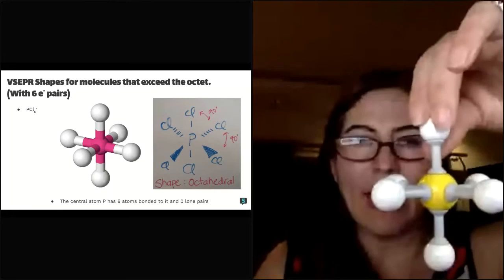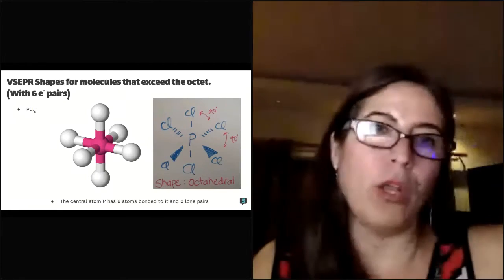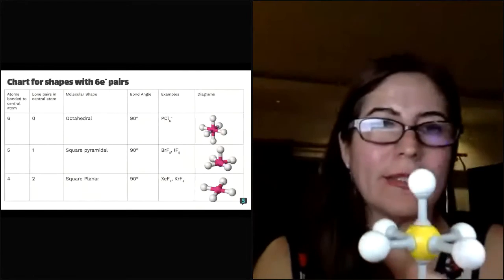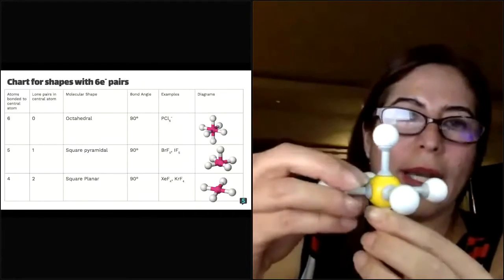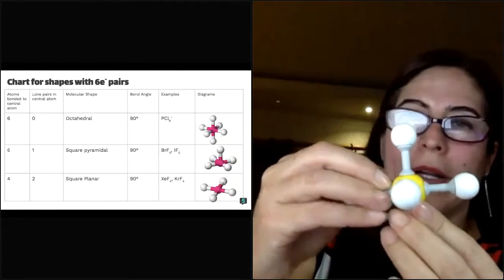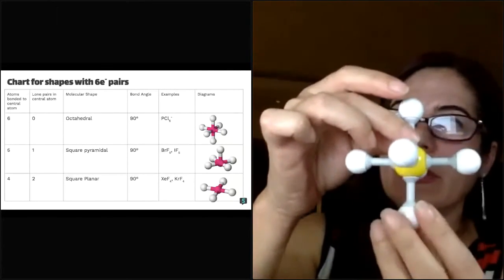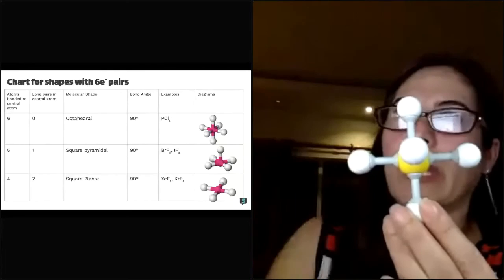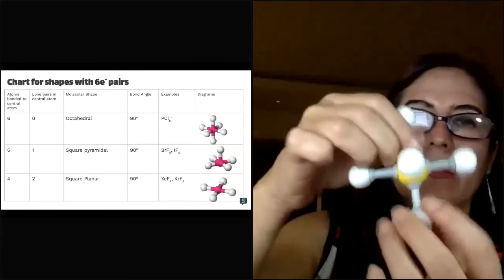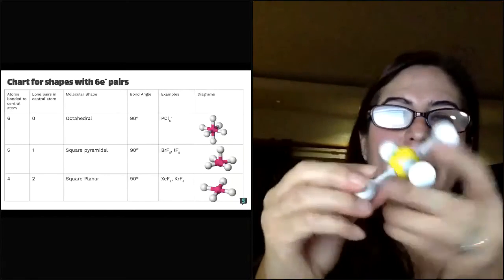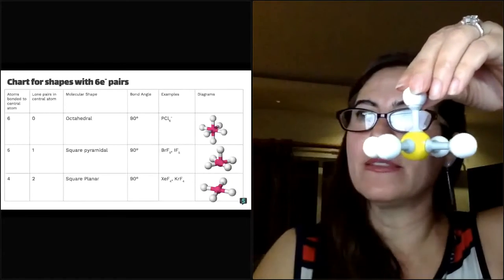Excellent. I'm not going to go over all the molecules from these, but it's the same concept. Every time that you remove 1 atom and change it to a lone pair, you're just removing pieces from this. So you can have the square pyramidal. If we remove this one, square pyramidal will look like this.